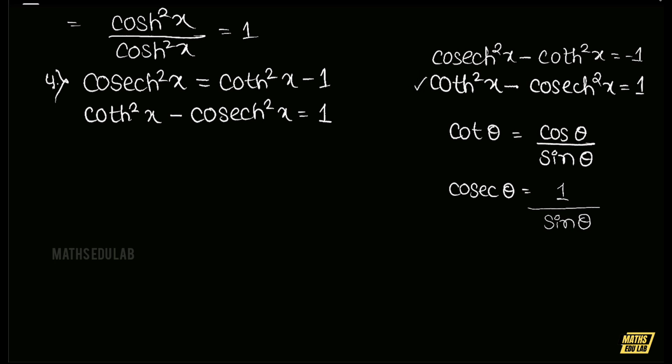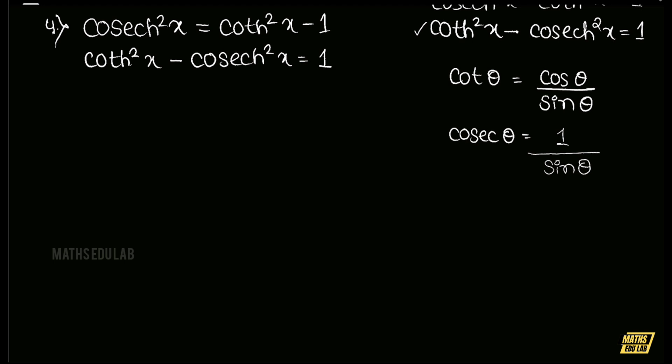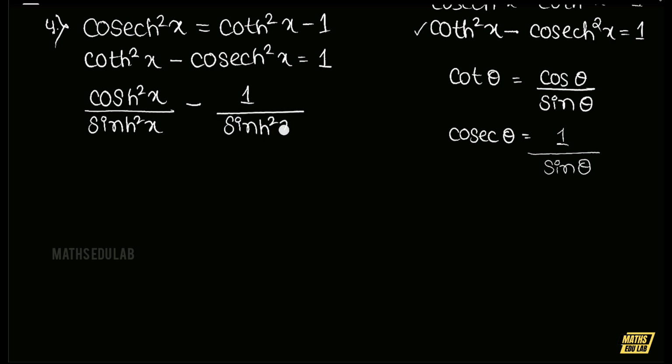So I'm trying with this, which is equal to coth hyperbolic square x, which is nothing but cosh hyperbolic square x upon sinh hyperbolic square x. Since this one is in terms of square, I have written this formula minus 1 by sinh hyperbolic square x.